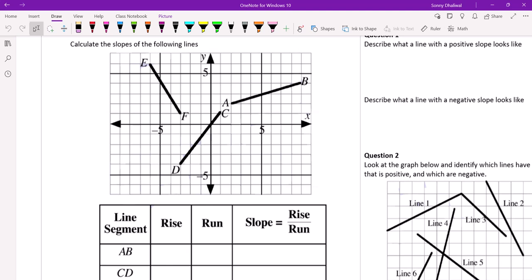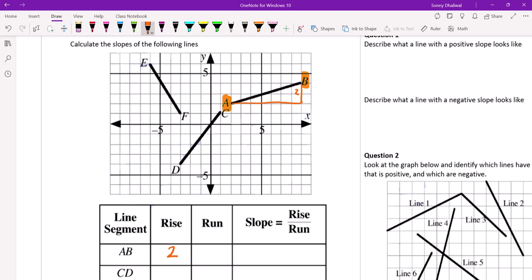So I'm looking at line AB. A here, B here. What is the rise? What is the run? The rise, so we're making a triangle going like this. Our rise going this way is 2. Excellent. What is our run? 7. We count this way: 1, 2, 3, 4, 5, 6, 7.